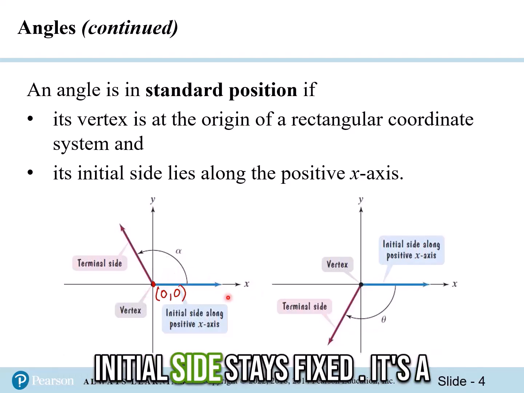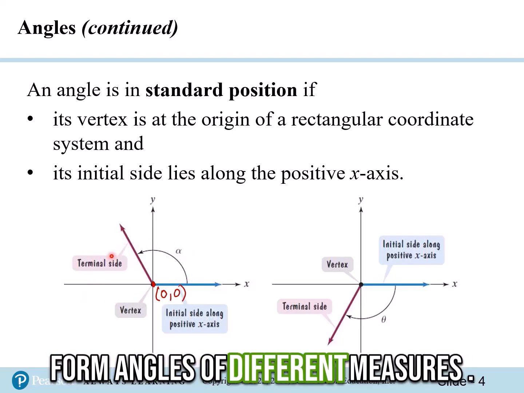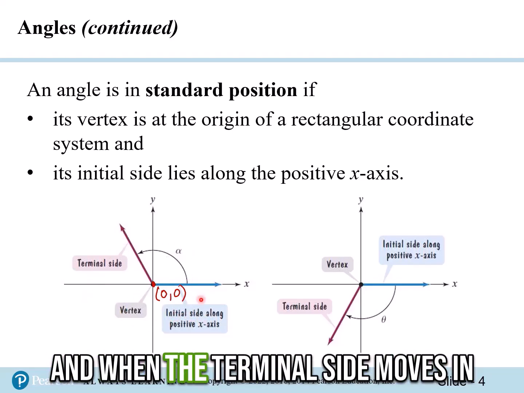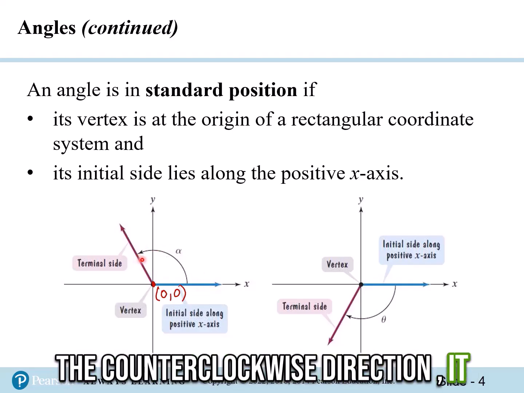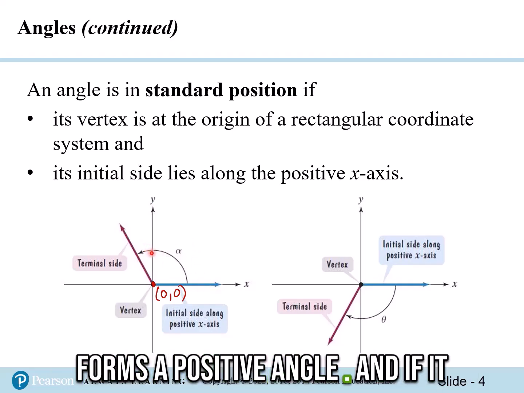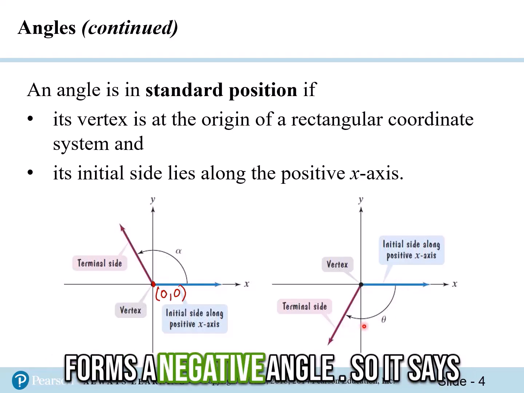So the initial side stays fixed. It's the terminal side that moves around to form angles of different measures. And when the terminal side moves in the counterclockwise direction, it forms a positive angle, and if it moves in the clockwise direction, it forms a negative angle.